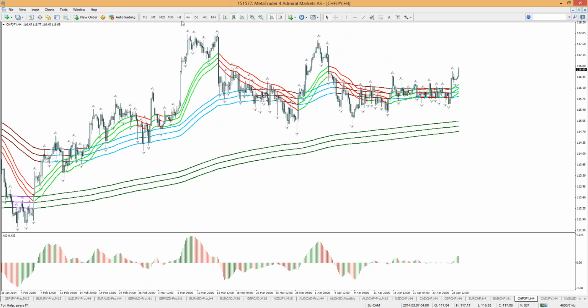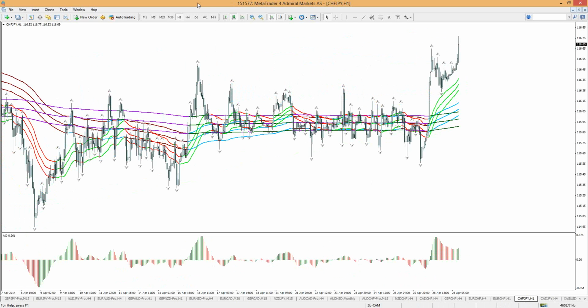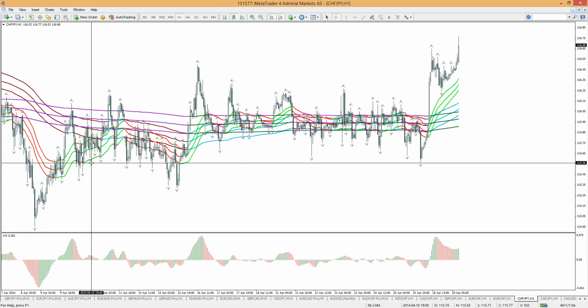Looks like a bullish breakout at the moment. Moving averages were absolutely as flat as can be on this hourly chart. It's really ugly, in fact.